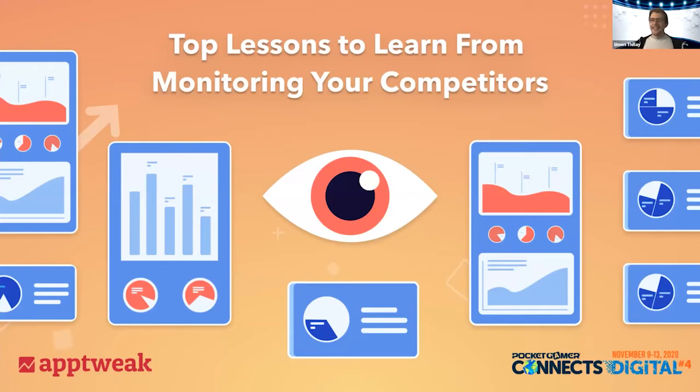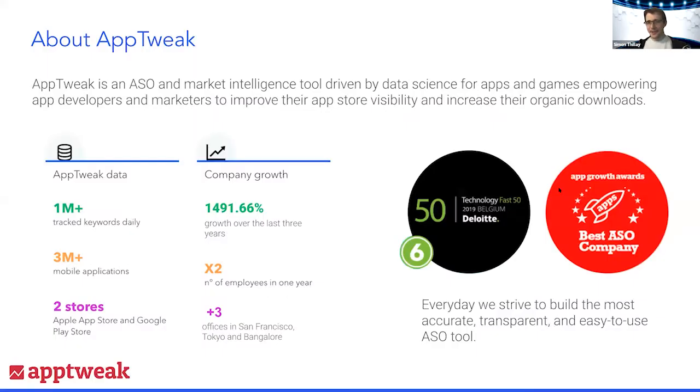Sure, thanks, Oscar. So hey everyone, super happy to join here today. Before I jump into today's topic, I have a quick word about my company, AppTweak. We are an ASO and market intelligence tool. So we work with app developers and marketers to help them improve their visibility and increase their organic downloads.